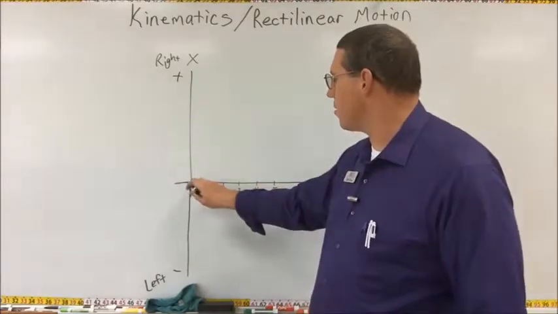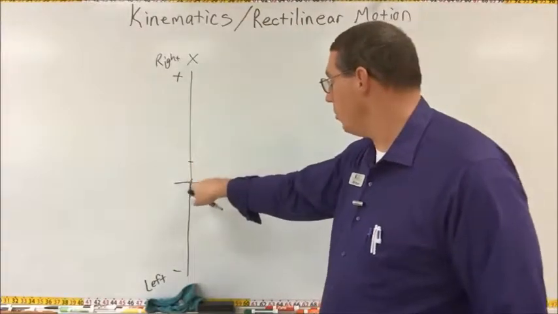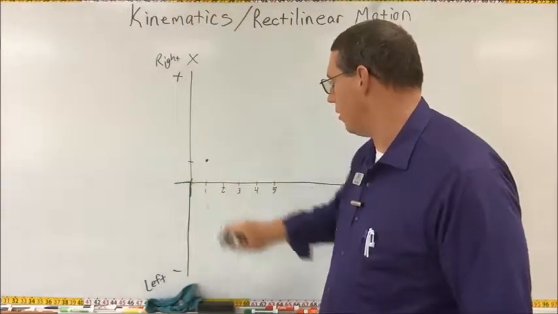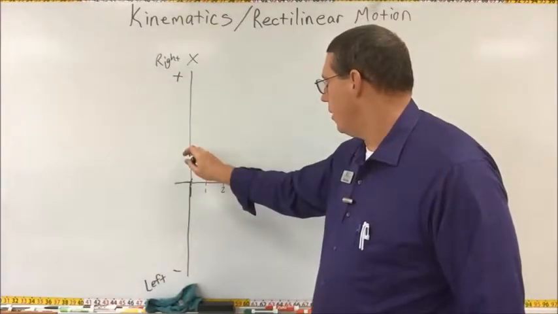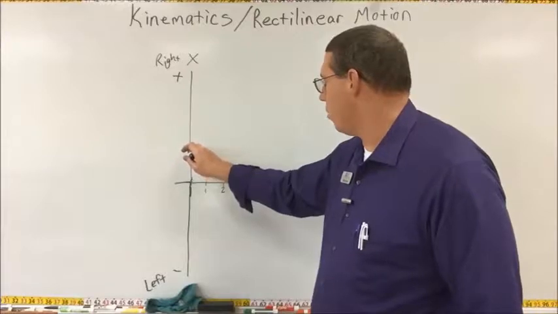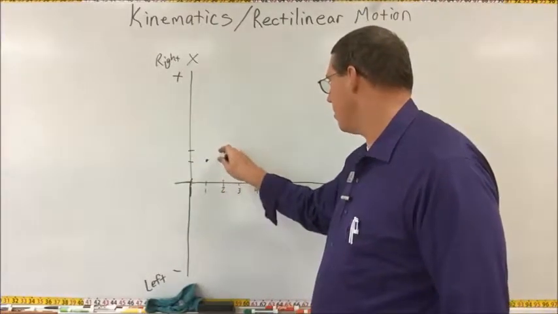Let's say after 1 second, the object is a little bit to the right. Well, we would graph that by putting a dot here. Then let's say after another second, it's a little bit farther, right about here. So that means it would be here.